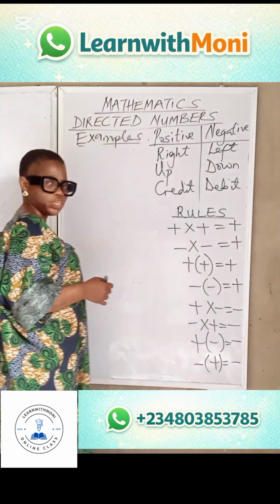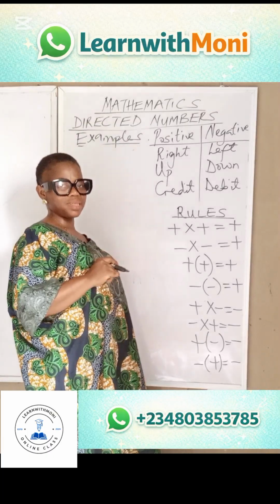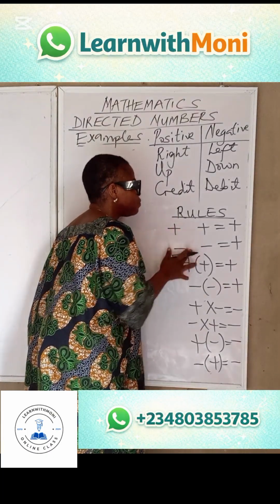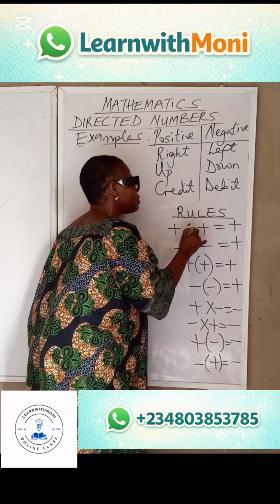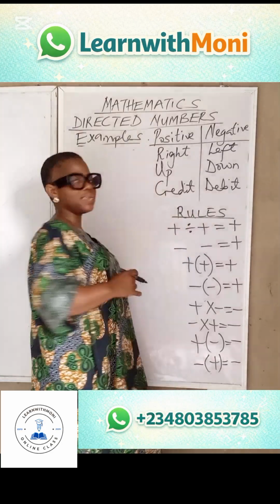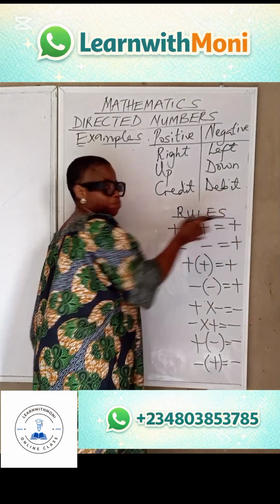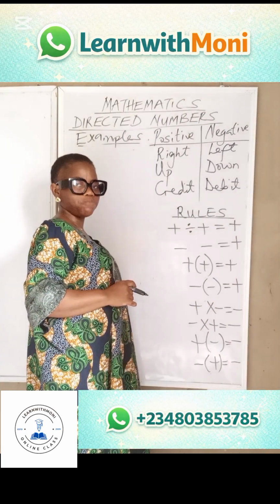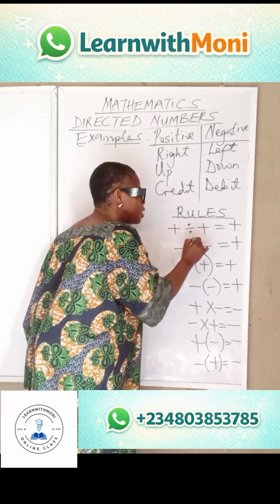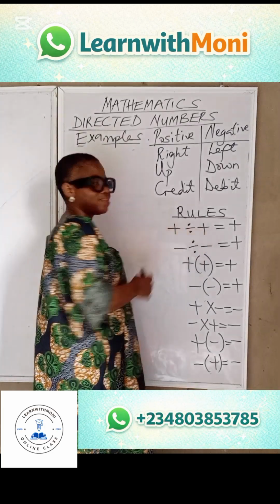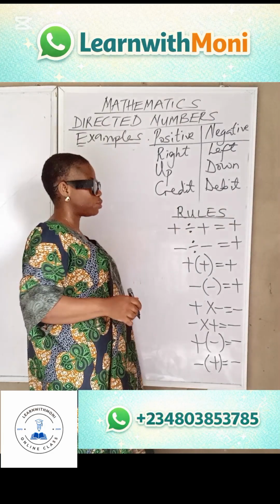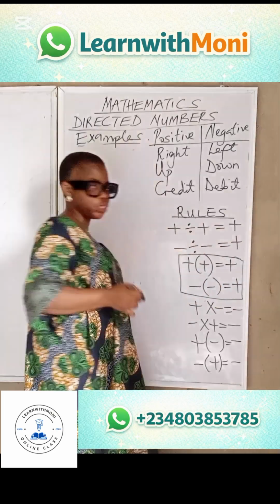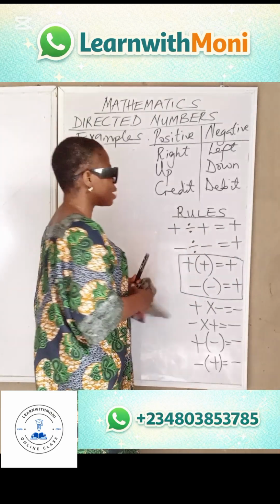But what about division? It is exactly the same thing for division. When you are not multiplying but dividing, and the signs you are dividing are the same thing, the result is positive. Plus divided by plus, the result is plus. Minus divided by minus, the signs are the same thing, the result is also plus. Brackets cannot be used for division. We can't use bracket for division.